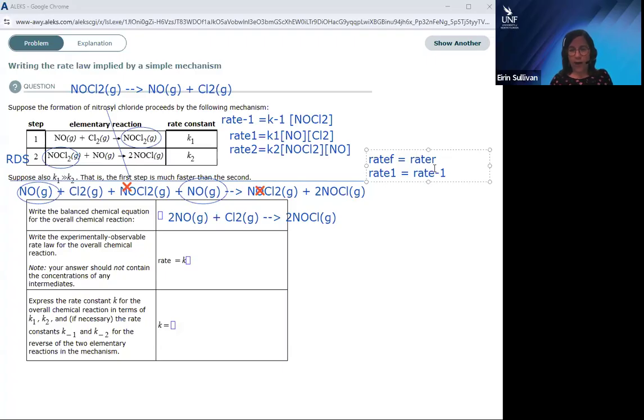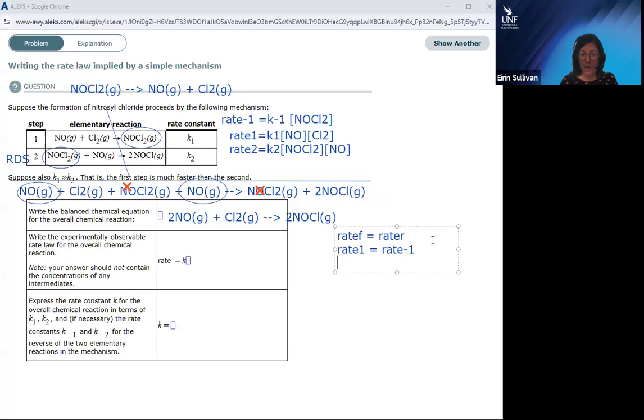Okay, so we can go ahead and write the rate for elementary step 1, which we wrote as K1 times the concentration of nitrogen monoxide times the concentration of Cl2. And then the reverse of that is K minus 1, multiplied by the concentration of NOCl2, our delightful intermediate.